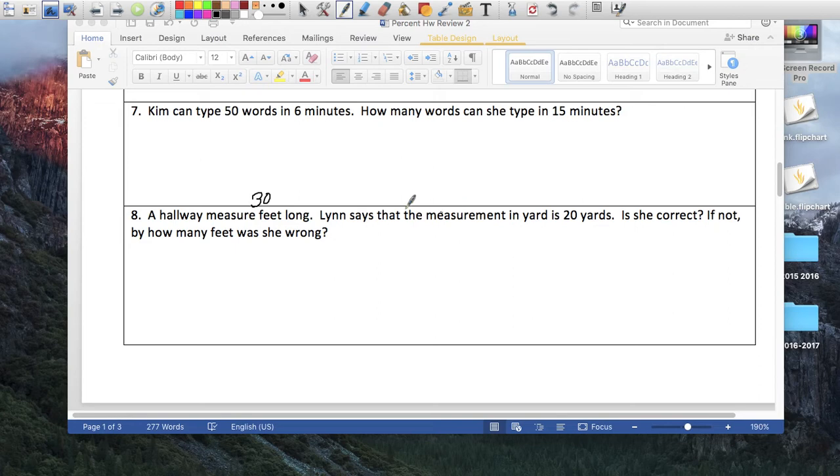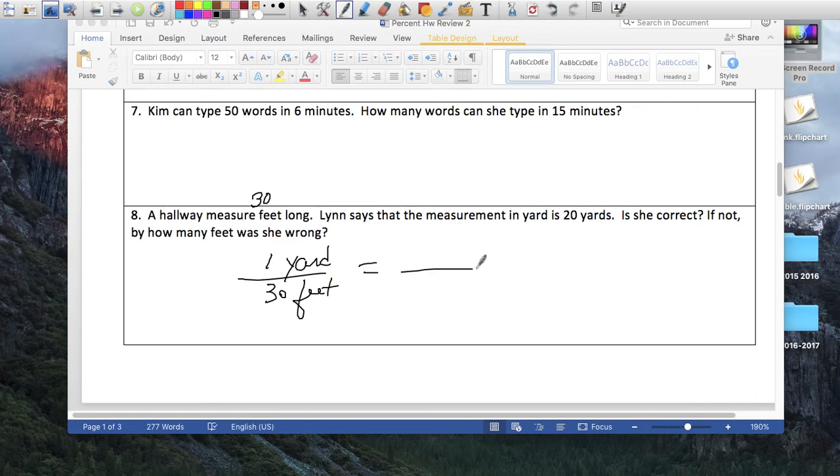Okay. Linda says the measurement in yards is 20 yards. Is she correct? Well, 1 yard, I'm sure, is 30 feet. So what's 30 feet in yards?